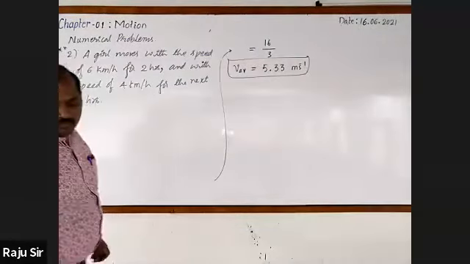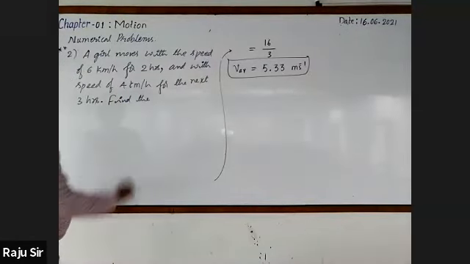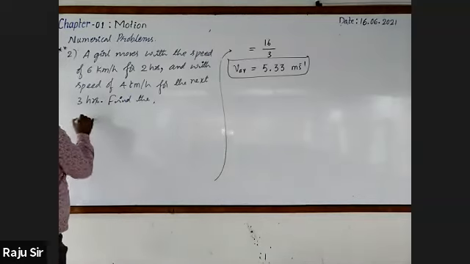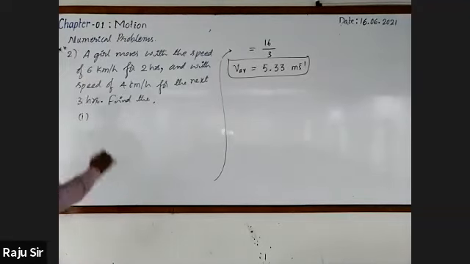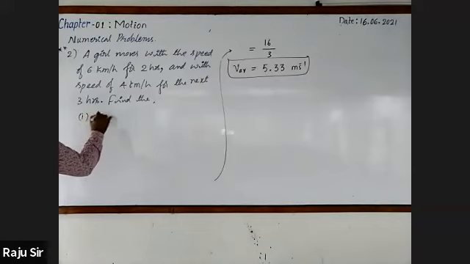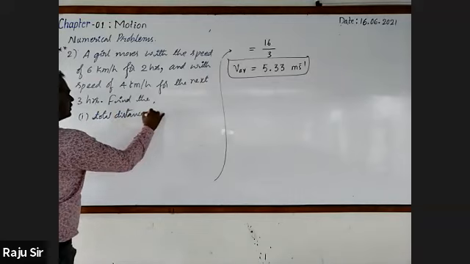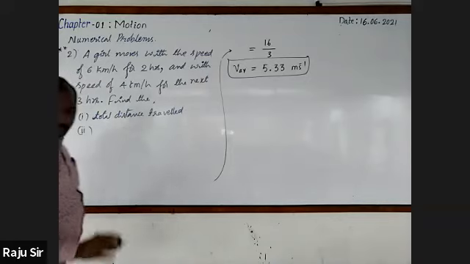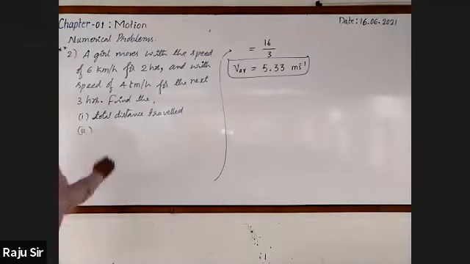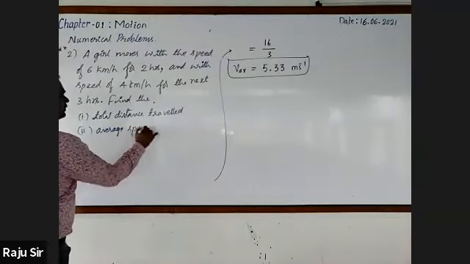Find, first one, total distance traveled by the girl. Second one, average speed.